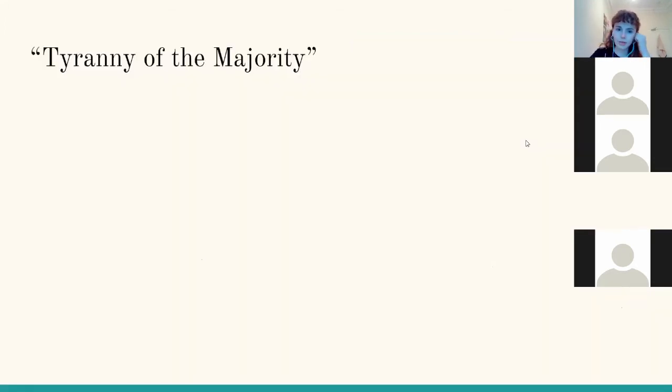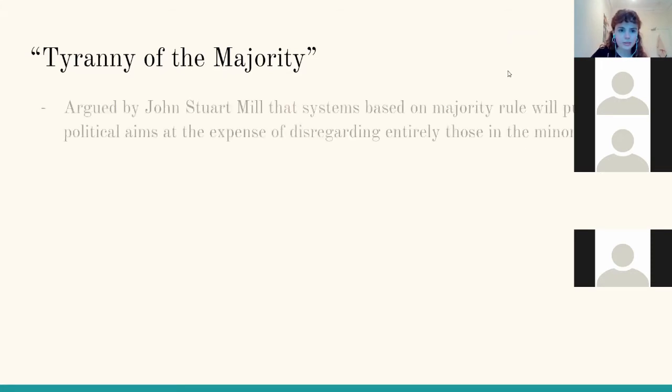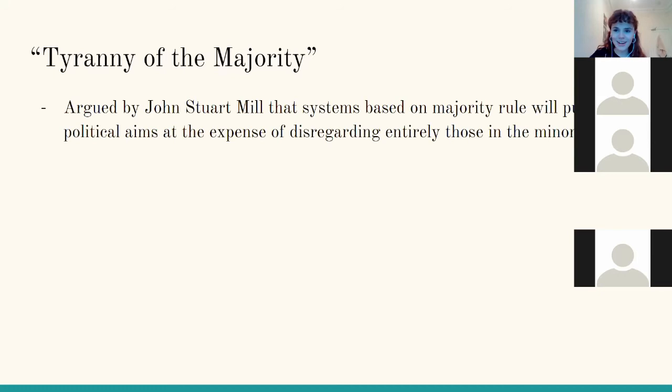So then, on tyranny of the majority, talking about some of the flaws with majoritarian representation. John Stuart Mill argued that countries that have majority rule will end up pursuing the political aims of the majority group at the expense of completely disregarding, or even sometimes subjugating, those who are minorities.